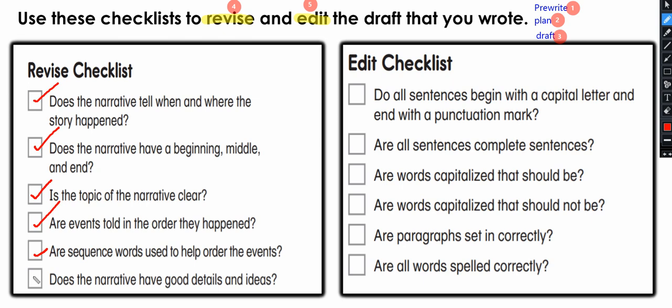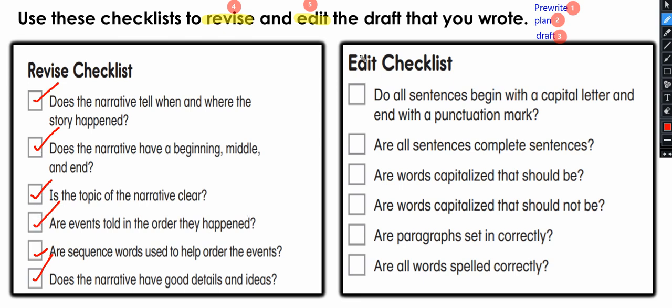Like colors, how you felt, how the weather was, any details. If it doesn't, you add, or you can now change something. This is where you revise. You now check or add or remove whatever you need to do so that all these boxes are checked.